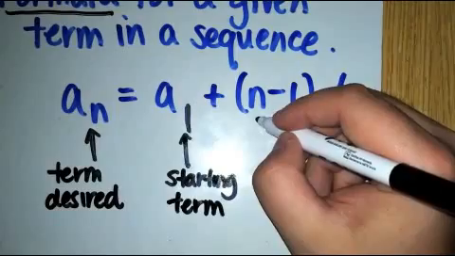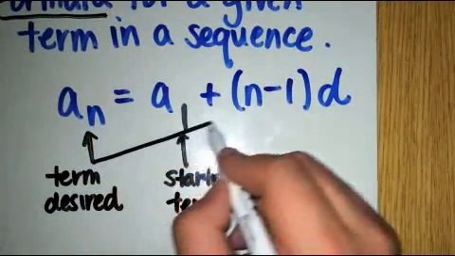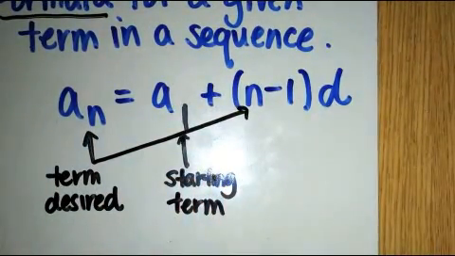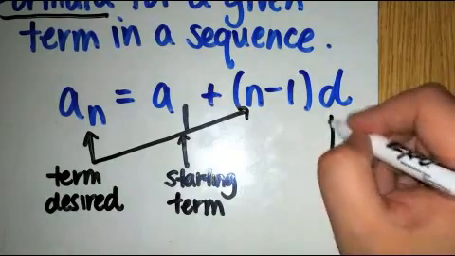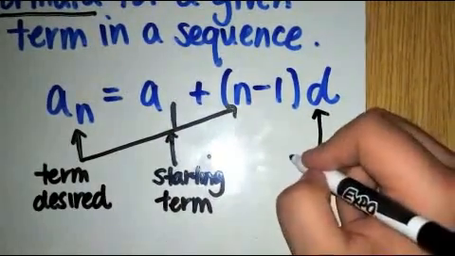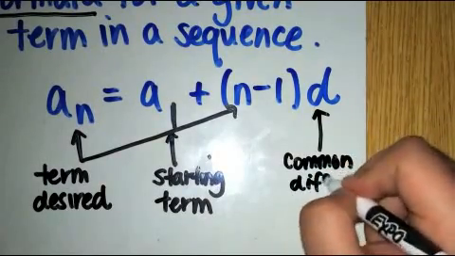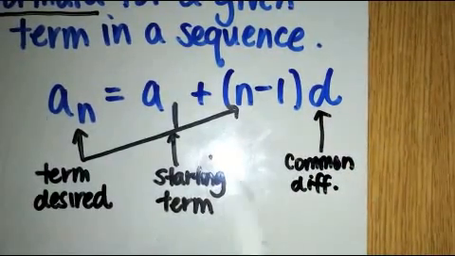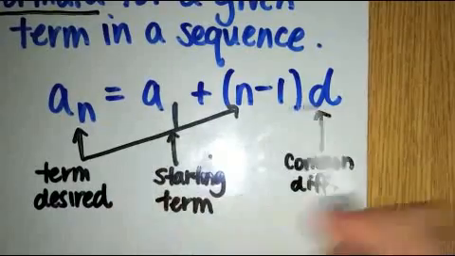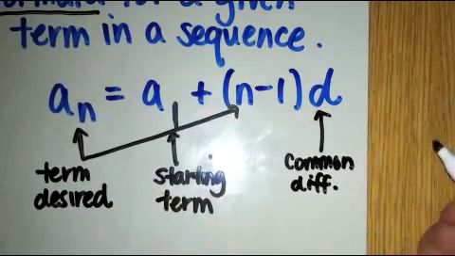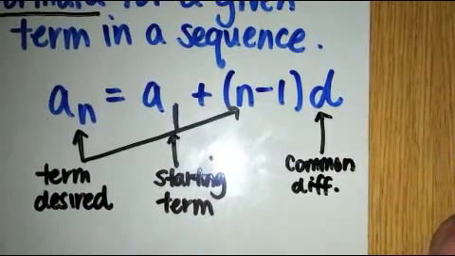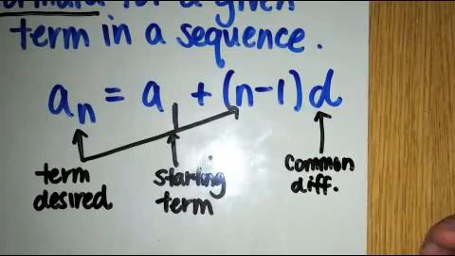N, of course, is still the term desired. Same thing. And then what did D stand for? That was our common difference. So as long as you know the first term and the difference, all you would have to do is just simply plug in and you'd get the value that you're looking for.